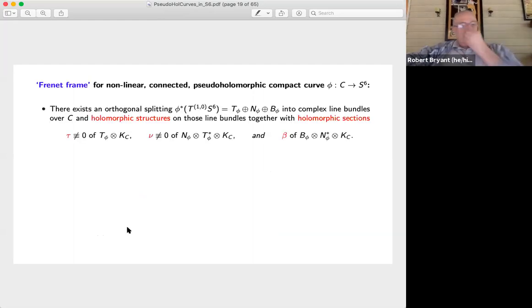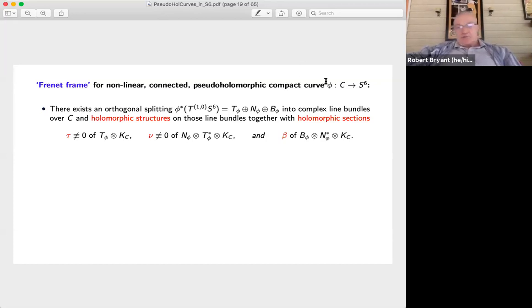There's this notion of a Frenet frame. That is, if you take a pseudo-holomorphic compact curve sitting in S6, the pullback of the tangent bundle splits into 3 complex line bundles, sort of the tangent, normal, and binormal. Together with that, you get holomorphic sections: tau, which is the differential of phi, is a section of T phi times the canonical bundle.